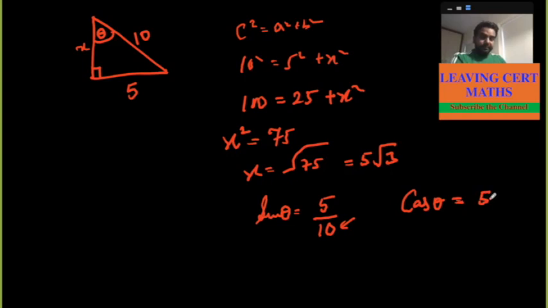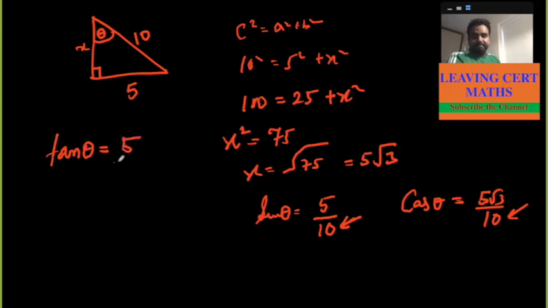Adjacent is 5 root 3 over 10. Yeah, 10 is the hypotenuse for both. And for tan theta? Opposite over adjacent, which is 5 over 5 root 3. Yeah. Okay, that's all.